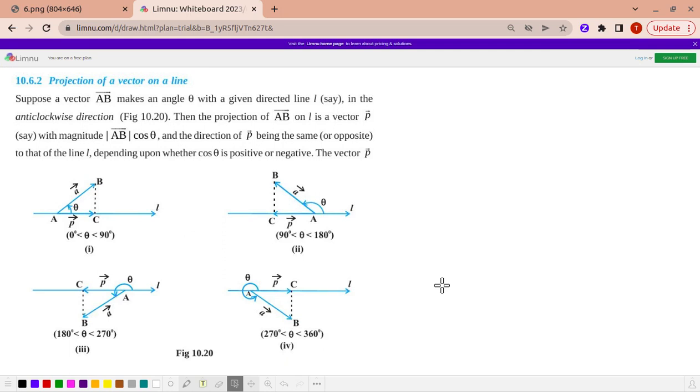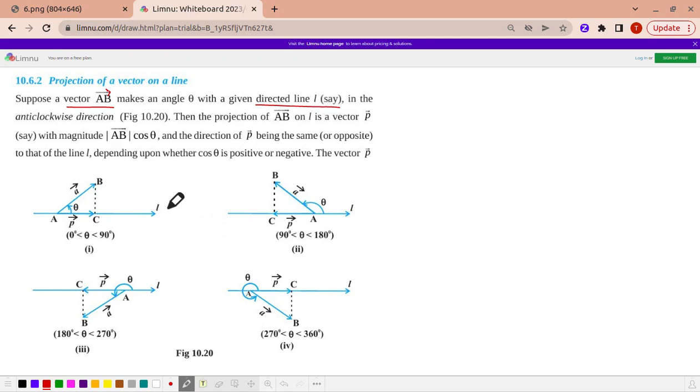Now here we are going to discuss the projection of a vector on a line. So for that, we need one vector and one line, and it is a directed line. So we are considering, dear students, a vector AB and a directed line L, and the vector AB and the directed line L make an angle theta in the anti-clockwise direction.